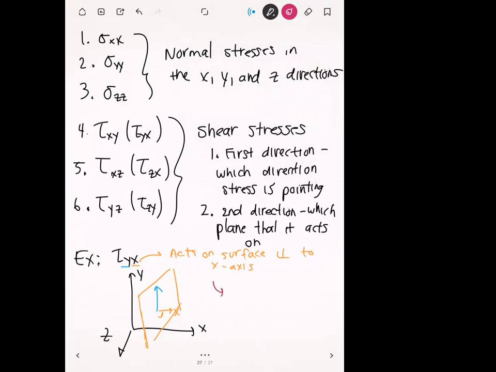The reason is that in order to maintain static equilibrium, the reciprocal shear stress component, the one where the letters are flipped, has to be equal in magnitude to the original. Okay.